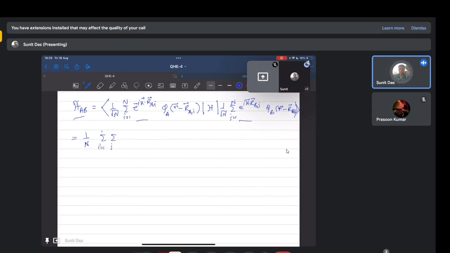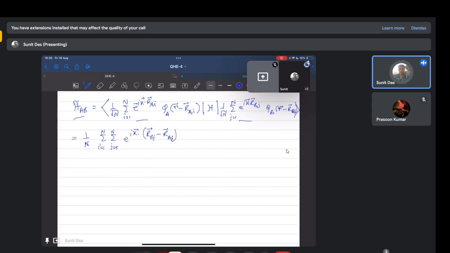So this also goes from 1 to n, this also goes from 1 to n, and then let me write this one first: e to the power i k dot r b j minus r a i.